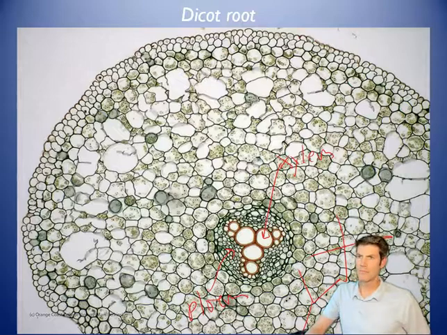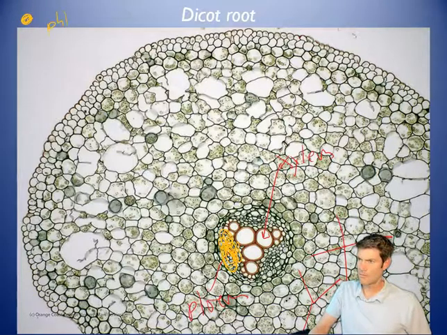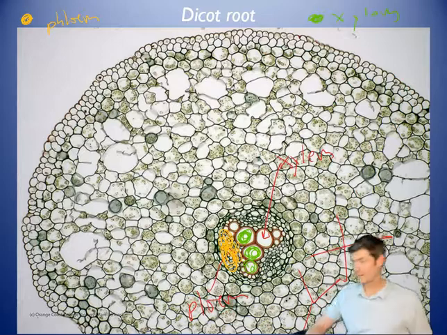So if I maybe choose a color, this stuff here is the phloem. And these middle parts, it's hard to see there, that's the xylem.